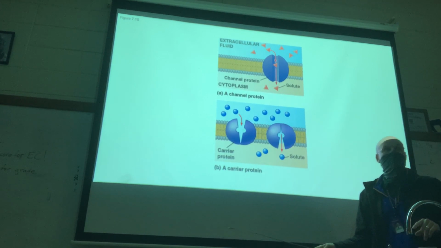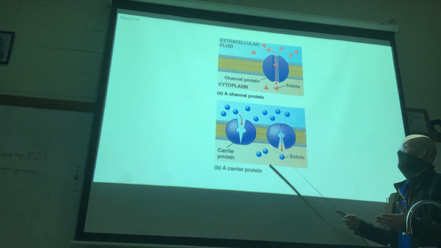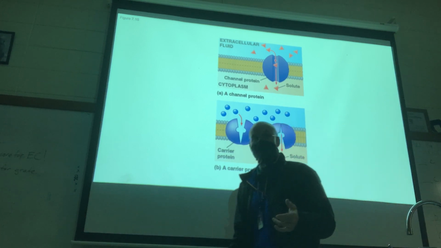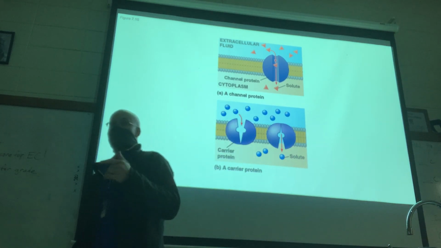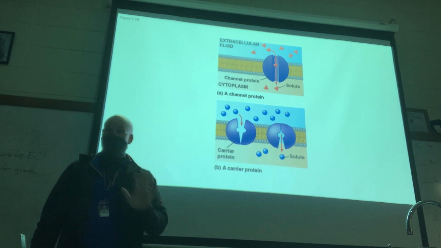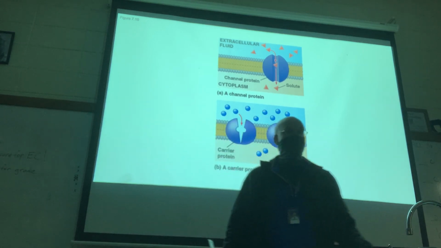Facilitated diffusion. Facilitate means to be helped or to help, and it's a protein that is going to help, in some cases, get some materials in or out of the cell from high to low. No energy is required. This is passive.